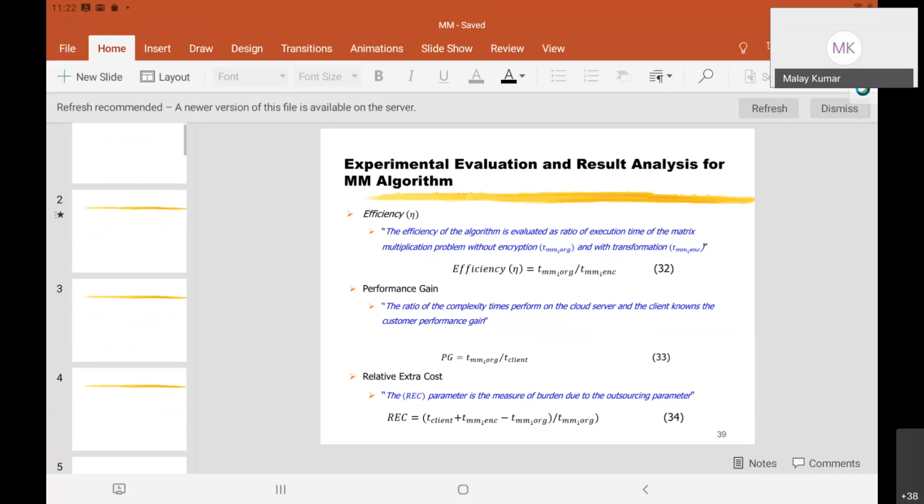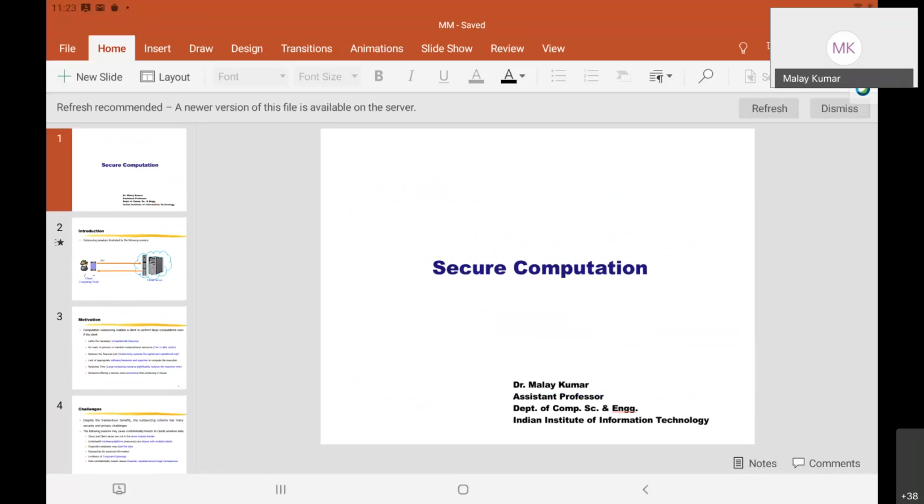So that's all in secure computation from my side. If you want to ask or discuss anything, we can do that.